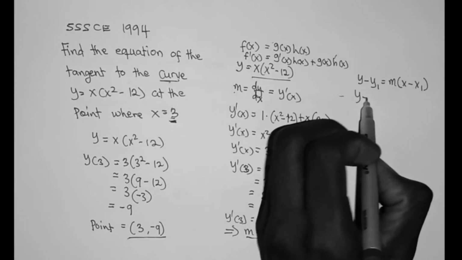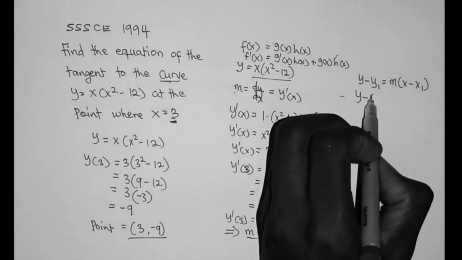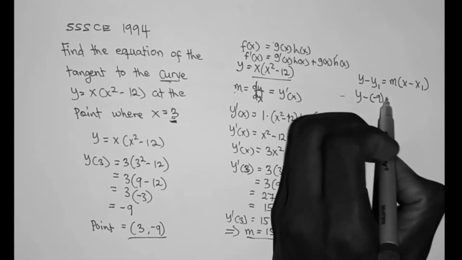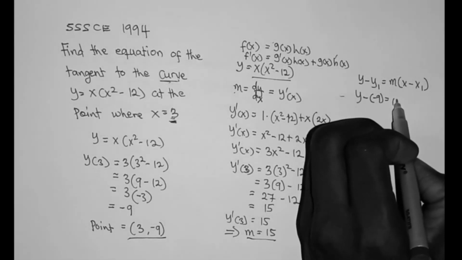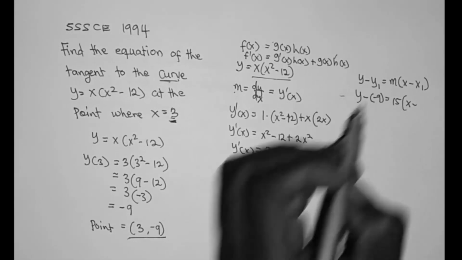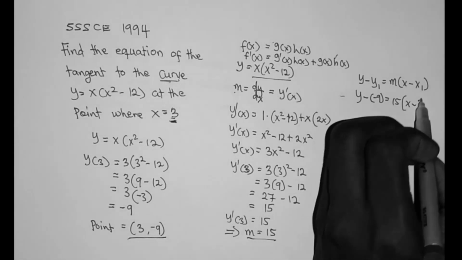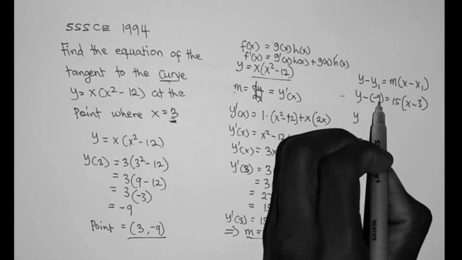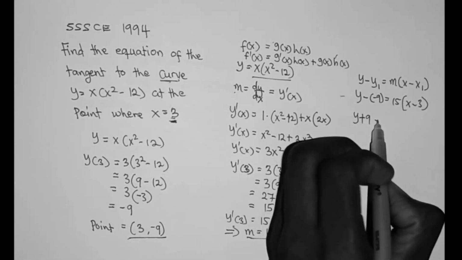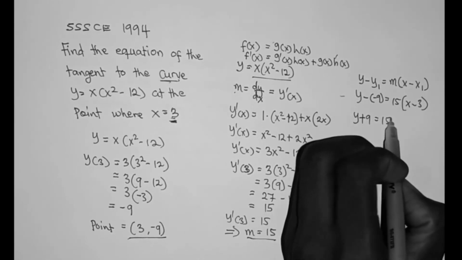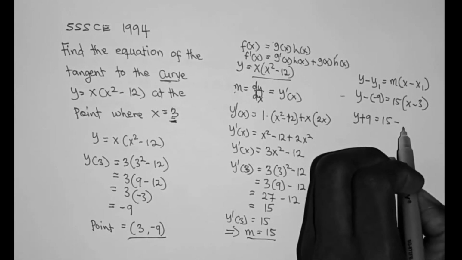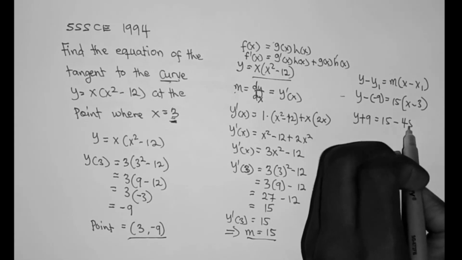So y minus (minus 9) equals 15 times (x minus 3). So y plus 9 equals 15x minus 15 times 3, which is 45.